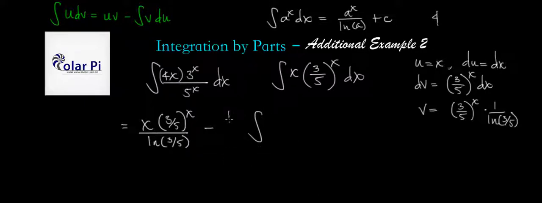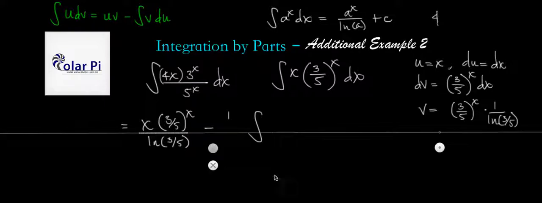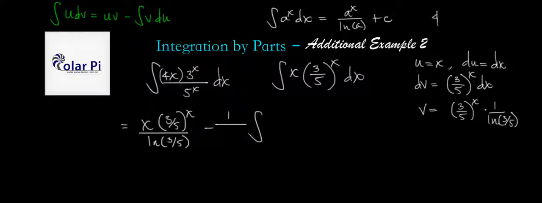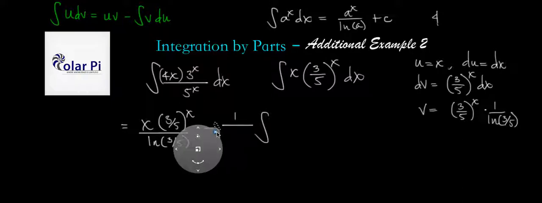I'll choose to write that over here, 1 divided by the natural log of 3 over 5.